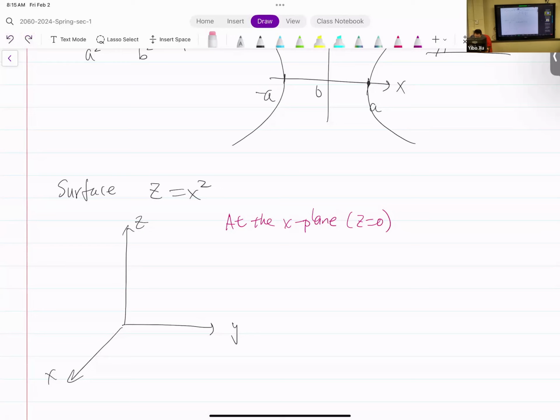The xz plane, so y is 0. But it doesn't seem to affect anything, right? When you make y equal to 0 in this equation, x and z still follow this equation with a quadratic expression. That tells you y equal to 0 is this plane right here, and within this plane we just sketch the parabola opening upwards, like that.